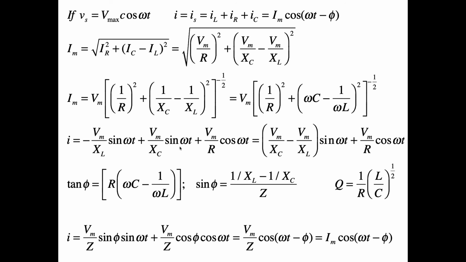So we can derive an expression for phi. We can derive an expression for z. The exponent on the third line, the exponent minus 1/2 should be plus 1/2. Okay, there's a typo there. Let me go back to the diagram.